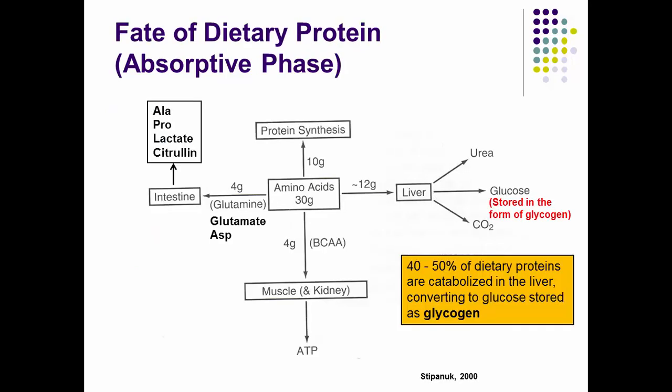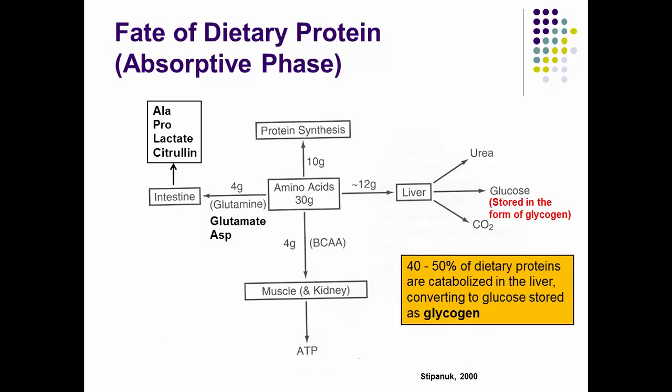All right, so here is a diagram again to show you the distribution and metabolism of amino acids in the body during the fed or absorptive phase. We have about 30 grams of amino acids that we take from the diet, and one third, about 10 grams, will be used for protein synthesis.